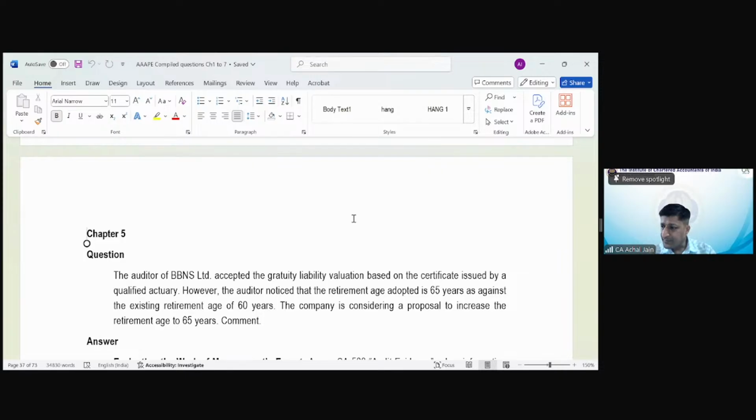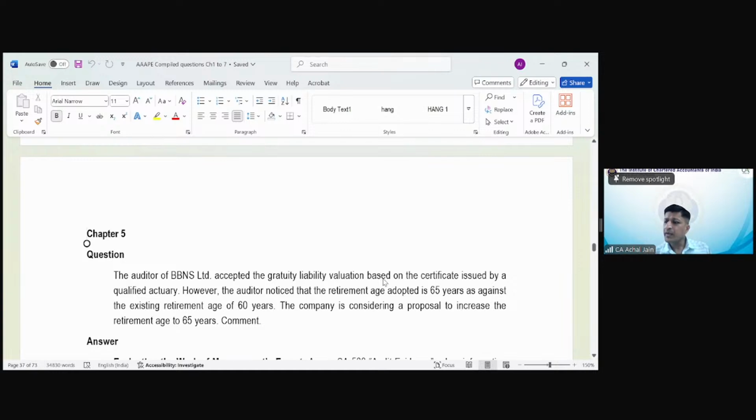The company has not enforced the age of 65 years for retirement, but he has taken 65 years. So there is a doubt in the accuracy of data, sir. Okay. So, as an auditor, what do you do? Sir, I will say reduce the age from 65 to 60 so that the provision can be reduced.